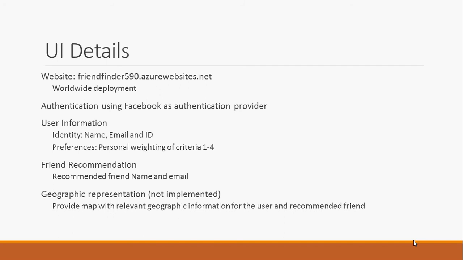The user information, name, email, and ID, and then there was a personal weighting of criteria 1 through 4, even though all those criteria are not completely implemented. The friend recommendation is provided, and then ultimately something to build on with this would be a geographic representation of both you and your candidate friend with the points of interest similarities.